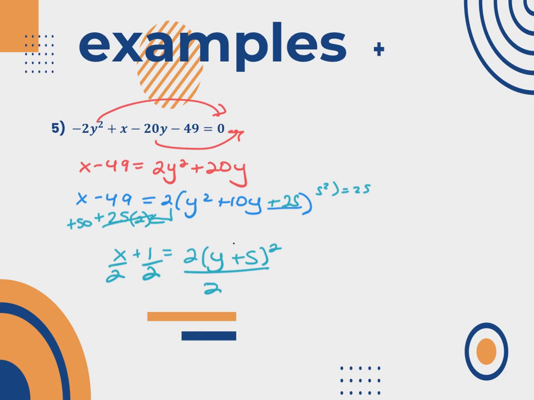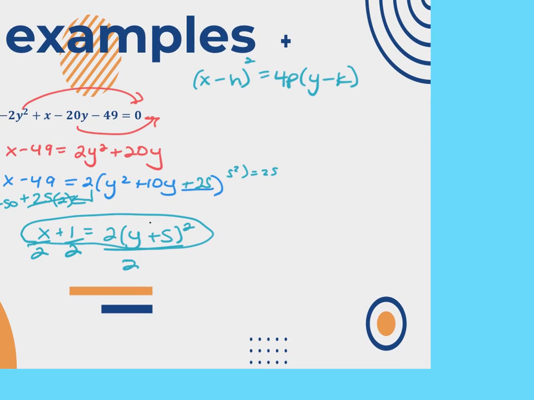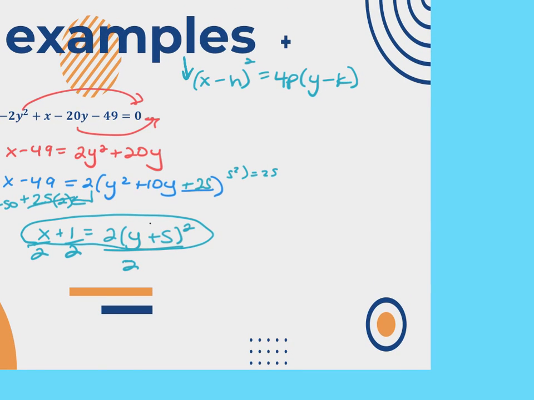If you think about what standard form looks like, actually, it would be x minus h equals 4p times y minus k squared. This is what it normally would look like, right? So I'm kind of close on this part, except that I can't have anything in front of my squared term. So in this case it would be the y minus k squared.